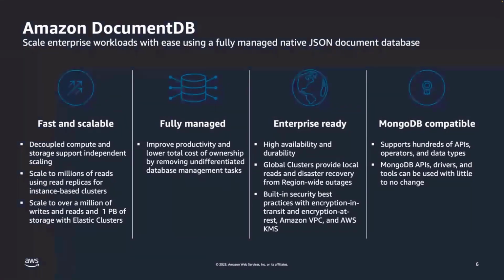DocumentDB simplifies security by providing strict network isolation within your Amazon virtual private cloud. All data is encrypted at rest with AWS KMS, and encryption in transit is provided with transport layer security, or TLS. DocumentDB also has compliance readiness with a wide range of industry standards.